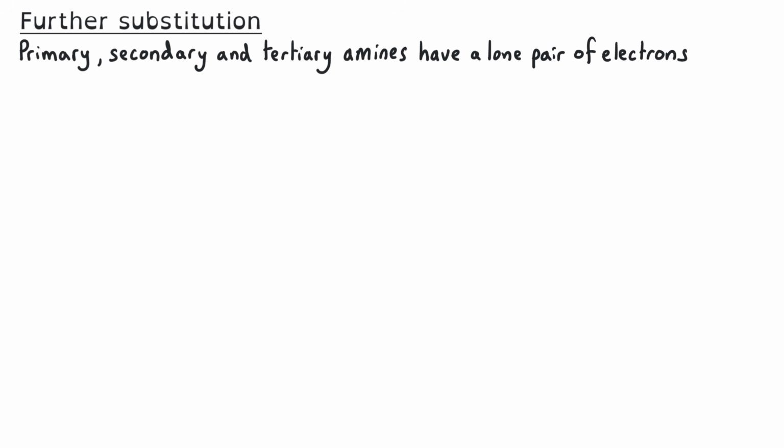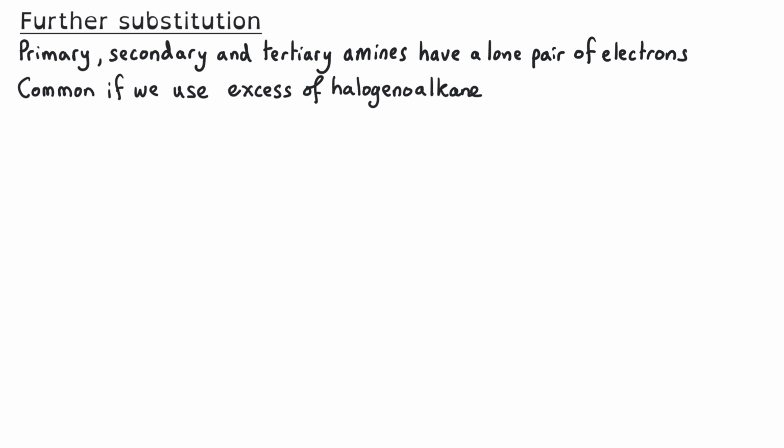During nucleophilic substitution with ammonia, further substitution can occur because the products are primary, secondary or tertiary amines, and these have a lone pair of electrons. So if we produce any of these in a nucleophilic substitution reaction with a halogenoalkane, then these amines will behave as nucleophiles and further substitution will occur.